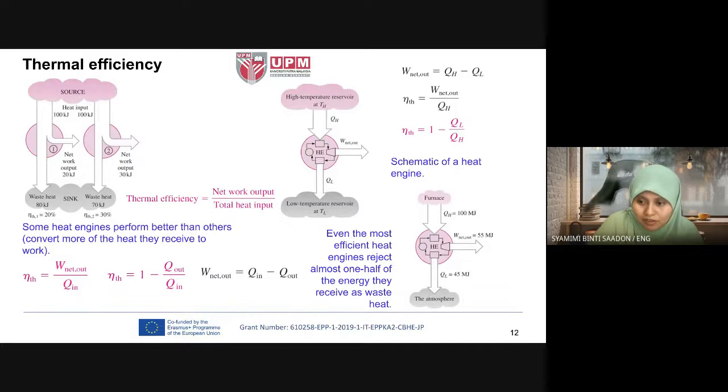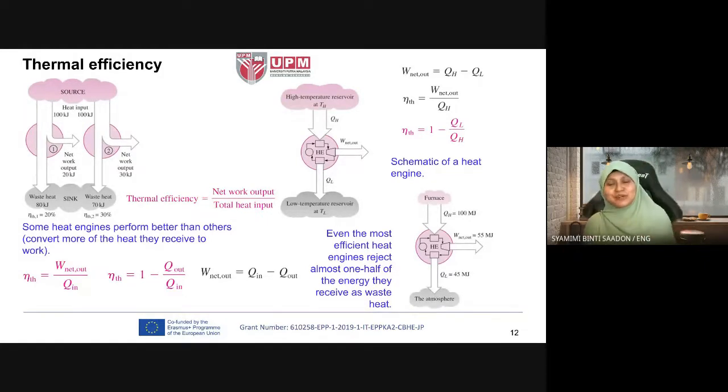Question: can the waste heat be redirected to the boiler? This is what the scientists and researchers, even myself, are currently studying.